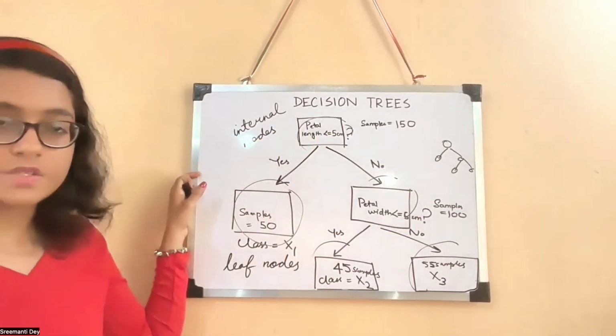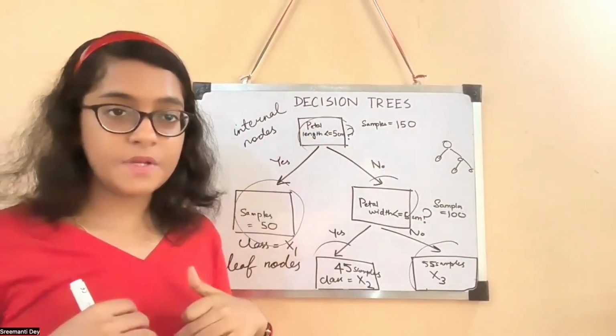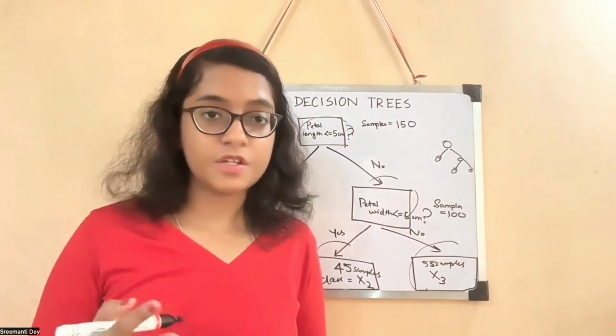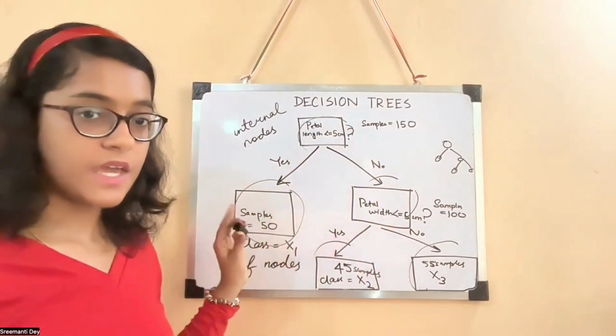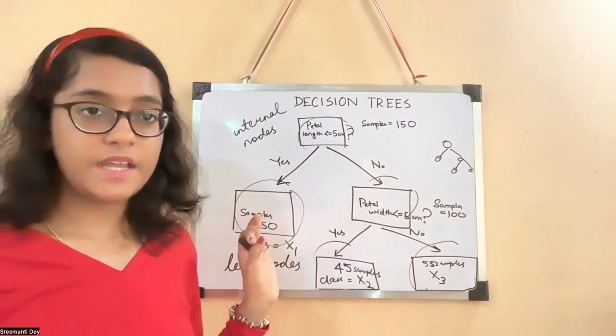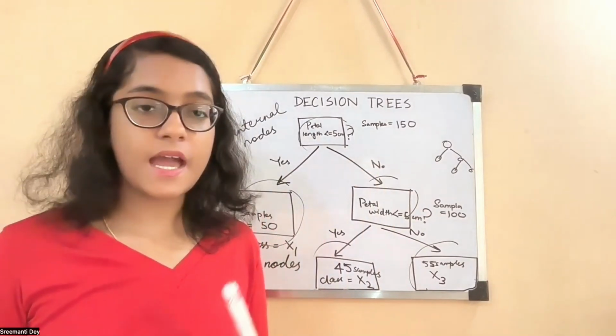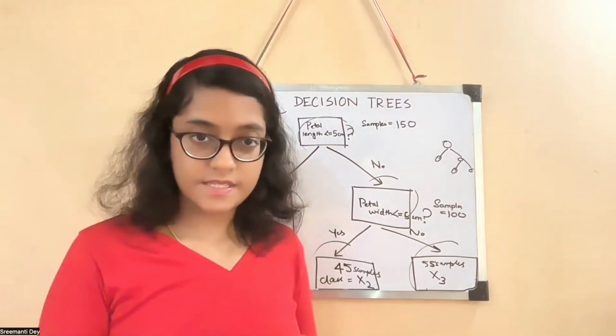At each internal node, we split based on a particular attribute or a particular feature. And at leaf nodes, we classify it as a particular class, and it is where our tree ends.